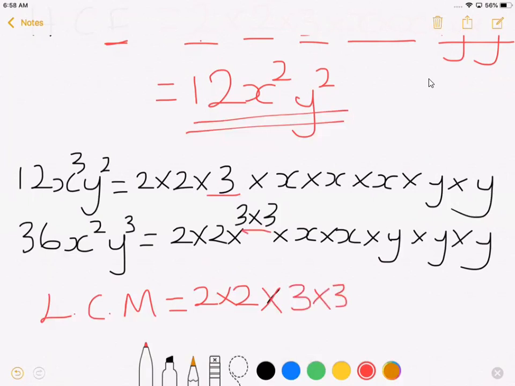The first line, you've got 3 x's, and the second line, you've got 2 x's. So I take the side with the highest number of x's. I compare the y again. I take the side with the highest y. As we did with the numbers, it's only that now we are involving x and y, but what we did when we were doing numbers is exactly the same thing.